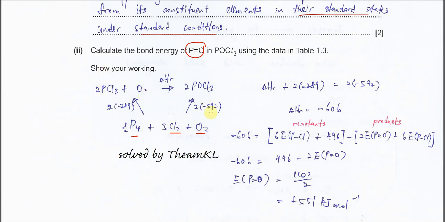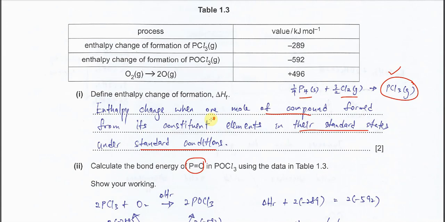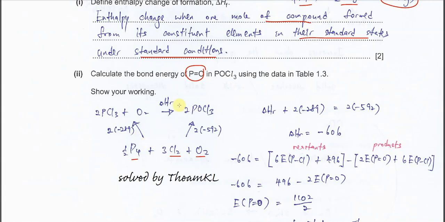And we need to use the enthalpies given. Formation of PCl3 negative 289 kilojoule per mole, and formation of POCl3 negative 592. So substitute into this Hess cycle. Because it's formed 2 moles, we need to times 2. 2 times negative 289. And this one is 2 times negative 592.